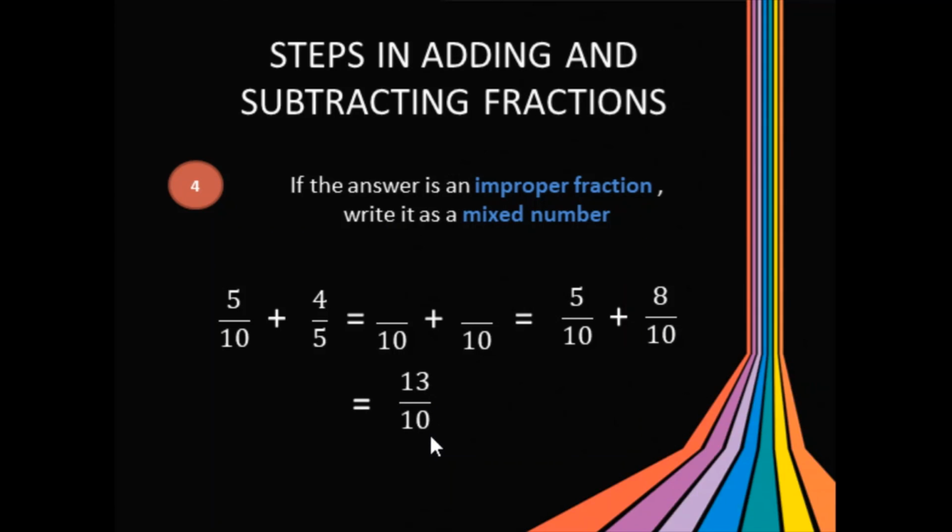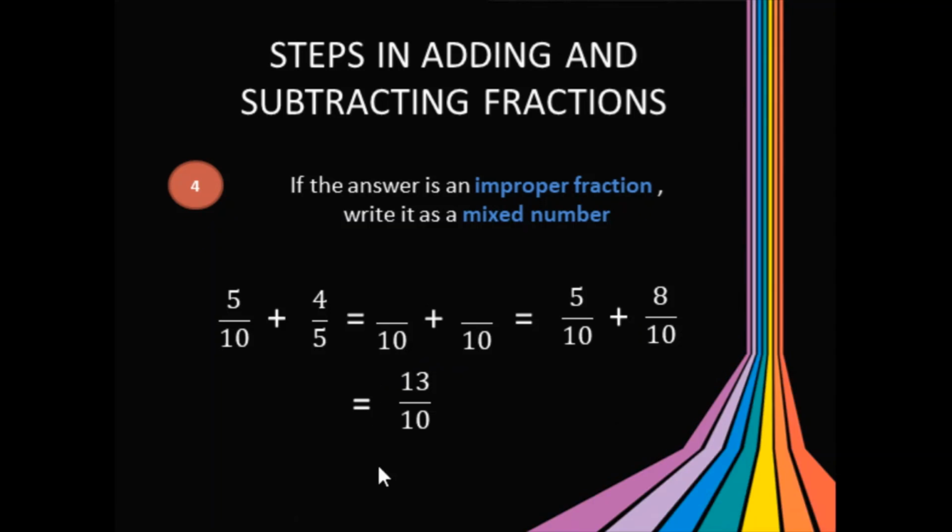Add 5 and 8, we get 13 over 10. 13 over 10 is an improper fraction. Again, 13 over 10 is an improper fraction. Why? Because the numerator is bigger than the denominator.